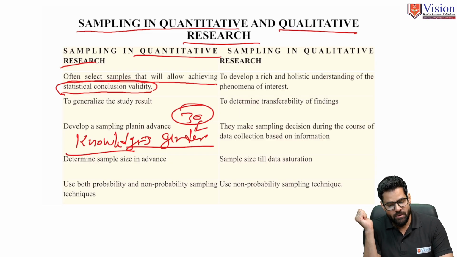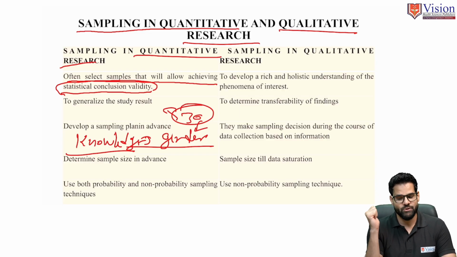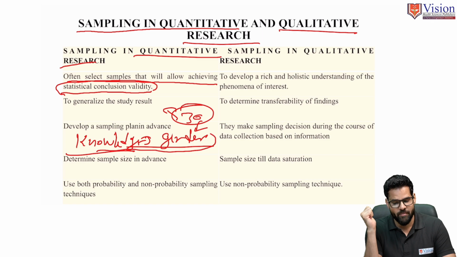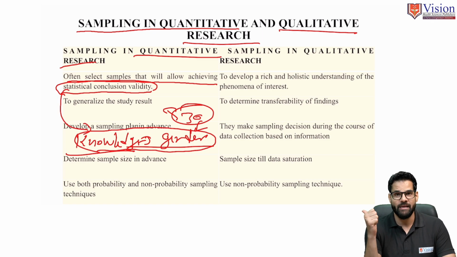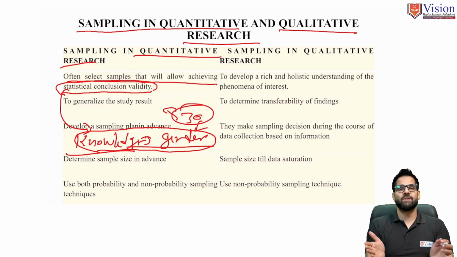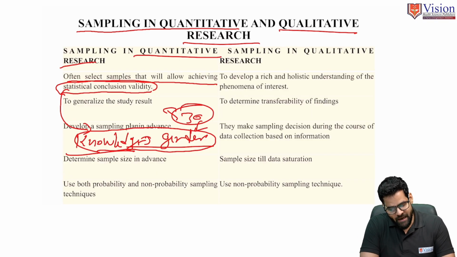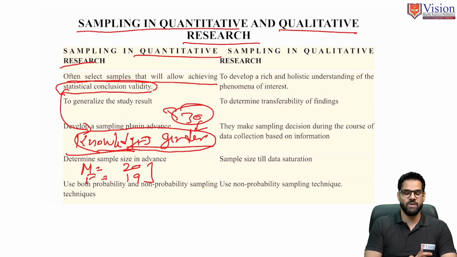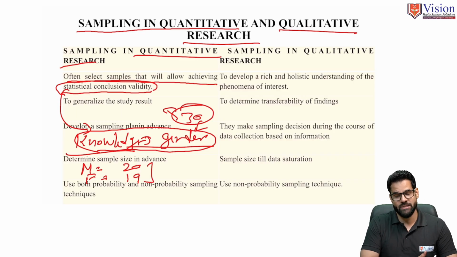Now, how much should the sample size be to determine the true relationship among the variables? That we call statistical conclusion validity. Let's say males have a mean knowledge score of 20 and females have a mean knowledge score of 19. Yes, there is a difference, and you can say the males have more knowledge.